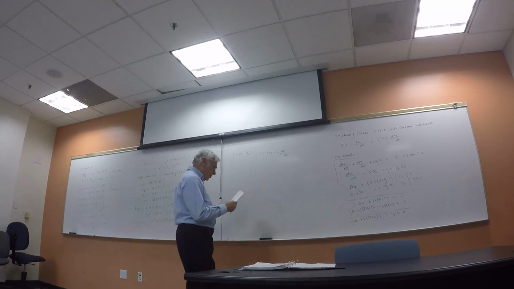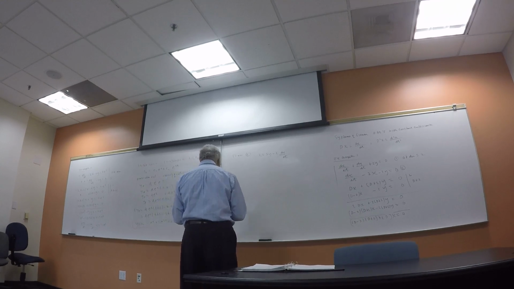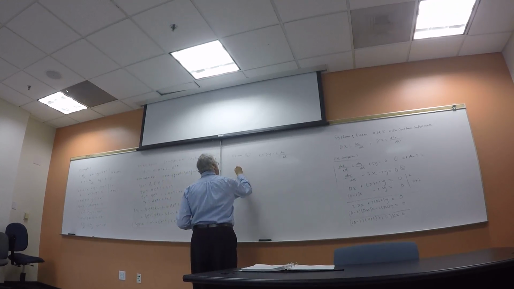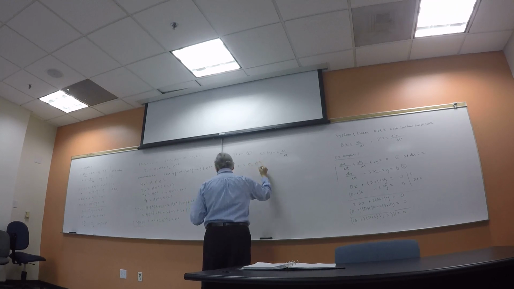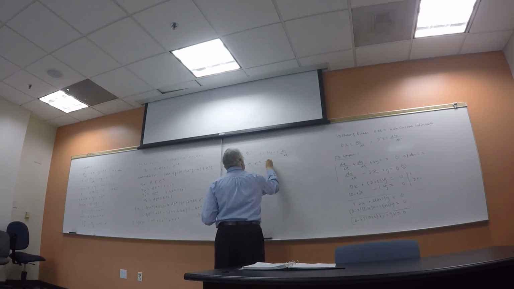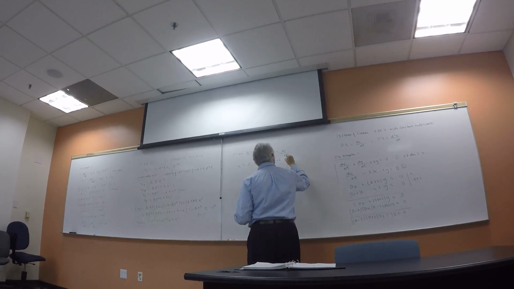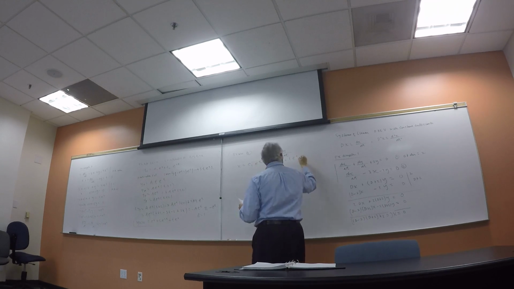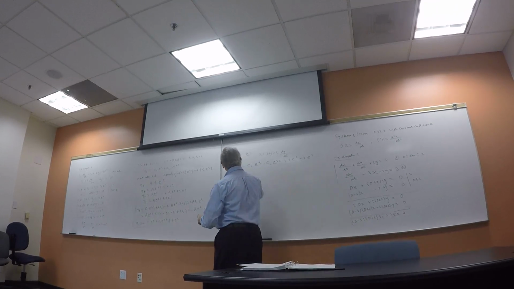What do you get for x in this case? You'll find that when you solve for x, you get c1 e to the t minus c sub 2 e to the 2t plus t e to the t minus 2 e to the t. So there's your solution for x.